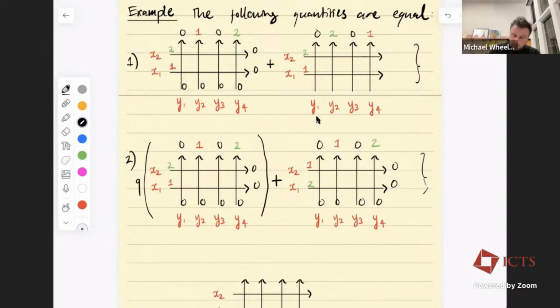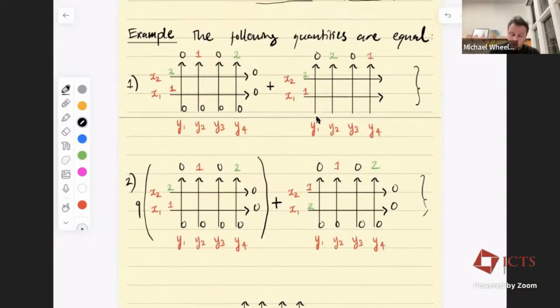All right, so those two things are equal, and the way that you prove this is simply by noticing that both quantities 1 and 2 are just colorblind. Indeed, in case number 1, this is precisely a situation where you fix all of your incoming edges.